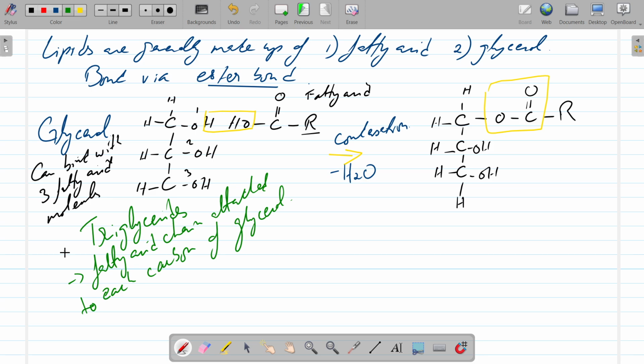So another fatty acid chain over here, another here, and so you've got 3 of those. That makes it a triglyceride. And so you've got those in the body. It's not necessary to be that way, but often it is.